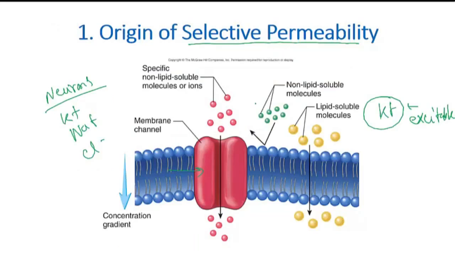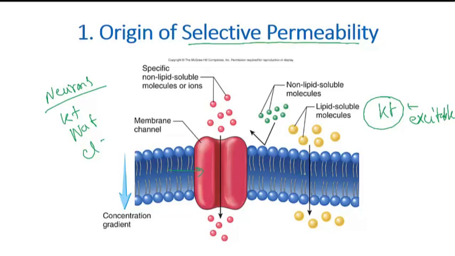Cells are impermeable to any kind of negatively charged proteins or other large anions found inside them. These ions are too large to pass, so that is another way of selective permeability. This picture depicts selective permeability very well, because lipid soluble molecules can easily diffuse through the lipid bilayer without any issue. They don't need any carrier or channel proteins.